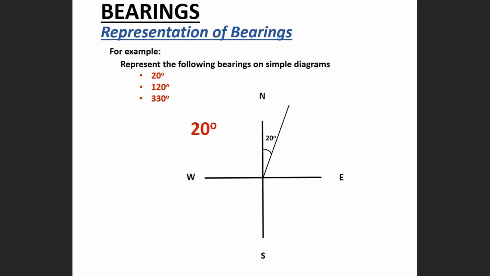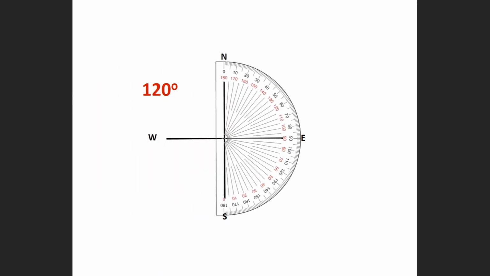So this is for 20 degrees. Let me take it to the next one, which is 120 degrees. As you can see, the vertical line, north south, west, then the protractor at 120 degrees. And you can see the line for 120 degrees. You can see where it's facing.